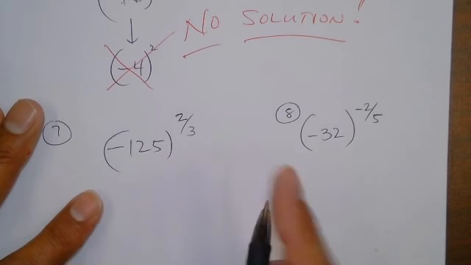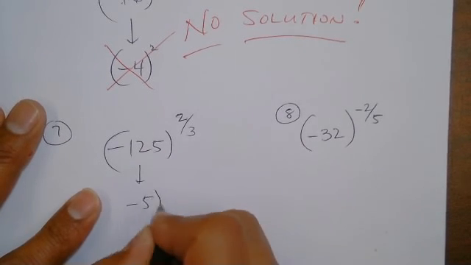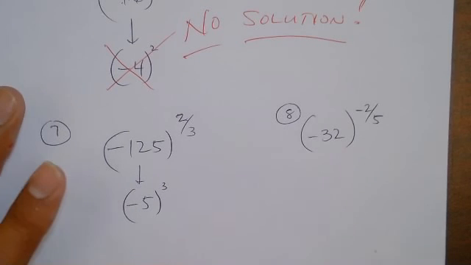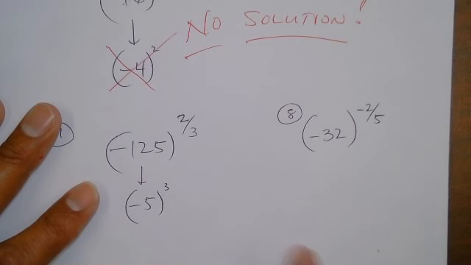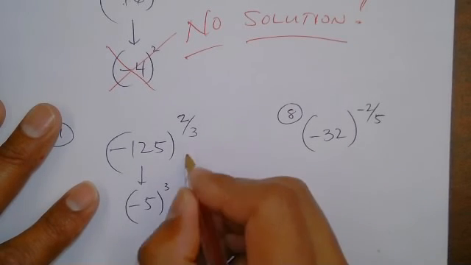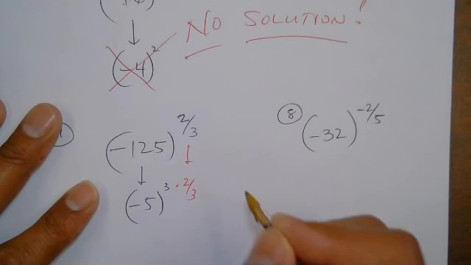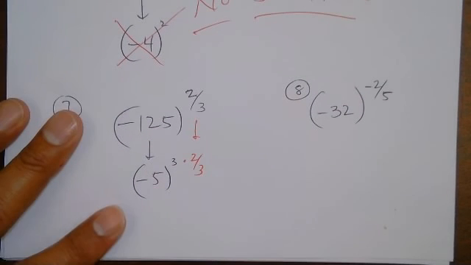All right, let's do these last ones real quick. Anybody know how to get 125 to a power of 3? It's 5, but it has to be negative 5 to the power of 3. Everybody agree, a negative and a negative, and then one more negative? If it's odd, it's going to come out negative, right? Negative 5 times negative 5 times negative 5 is negative 125.